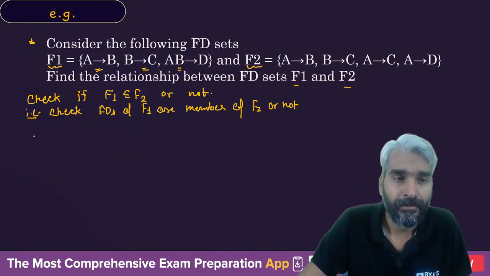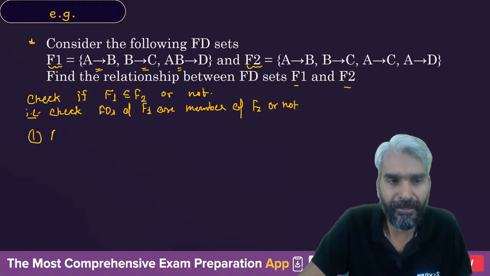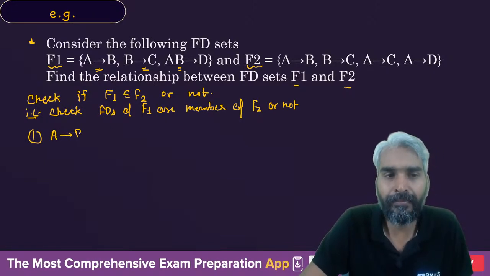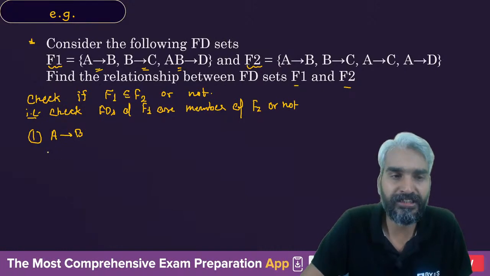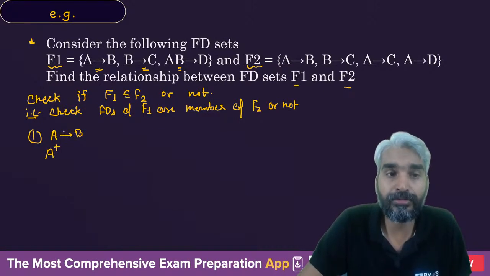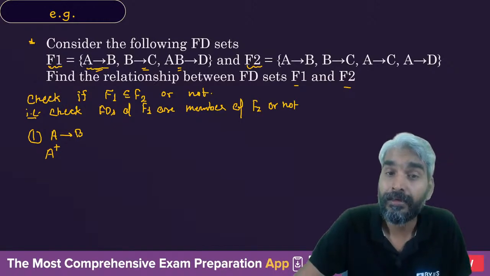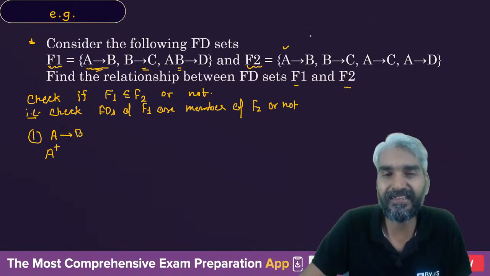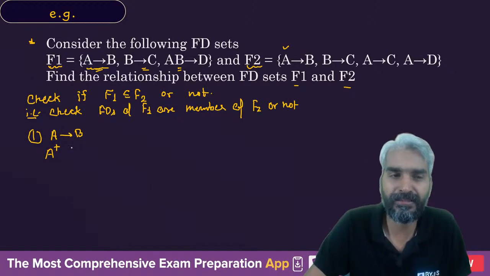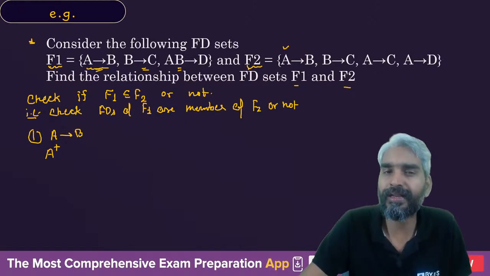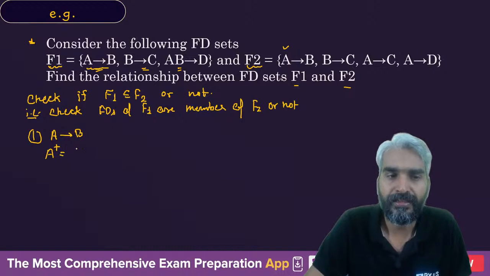So first FD is A implies B. To check whether A implies B is a member or not, you will check A closure, but this closure will not be with respect to F1. You need to check whether this A implies B is present in this or not. So we can directly see that A implies B is preserved. When you calculate A closure with respect to F2, that's the complete process. Otherwise, some FDs are directly visible.